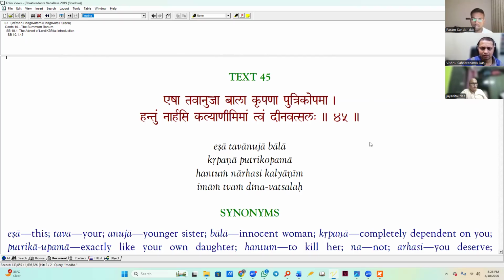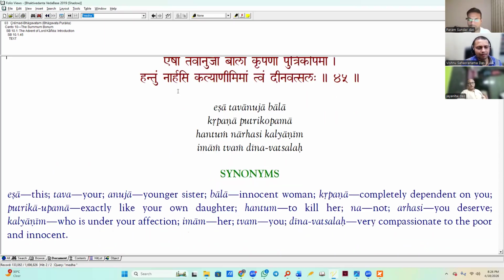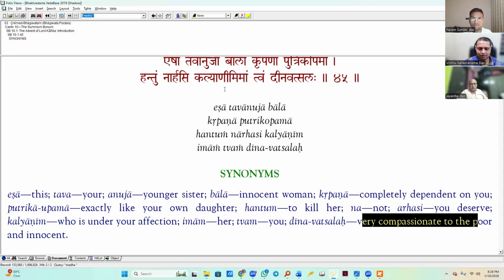Tvam Deenavatsalah Imam Kalyanim Hantum na Arhasi. So, therefore, you who are Deenavatsala, you are affectionate towards those who are weak, those who take your shelter. Very compassionate to the poor and innocent. So you are such.